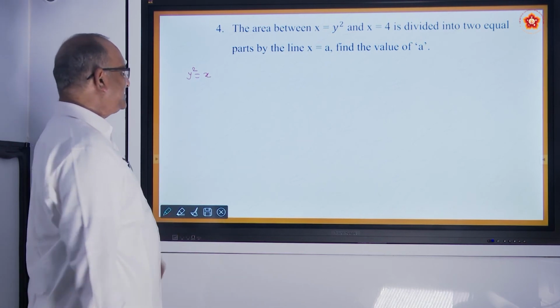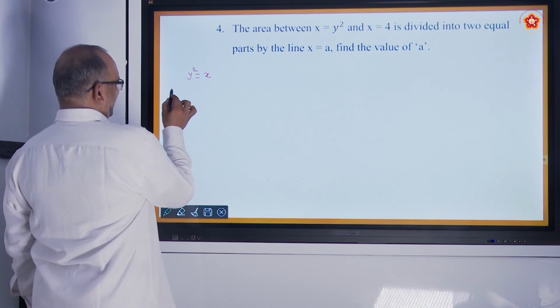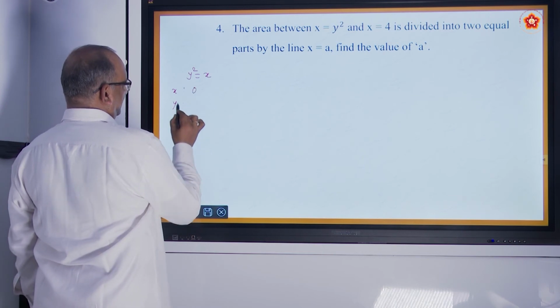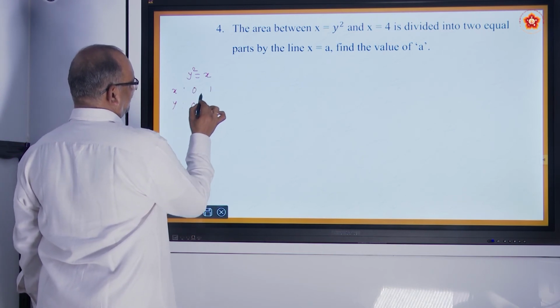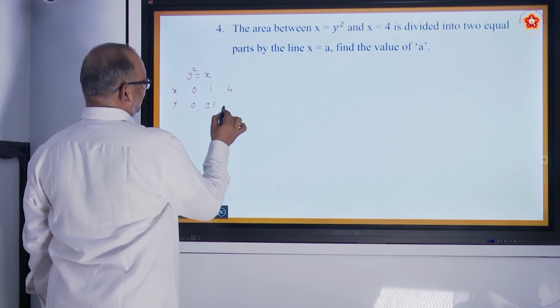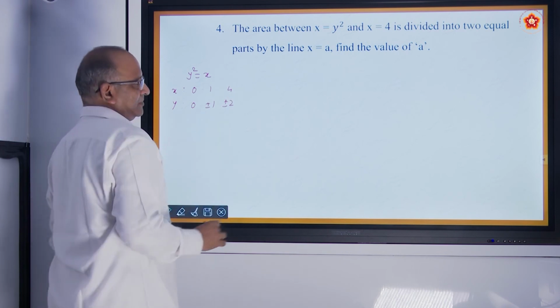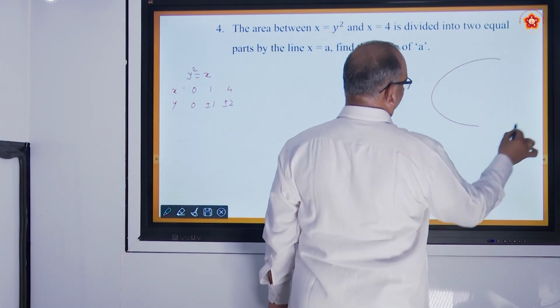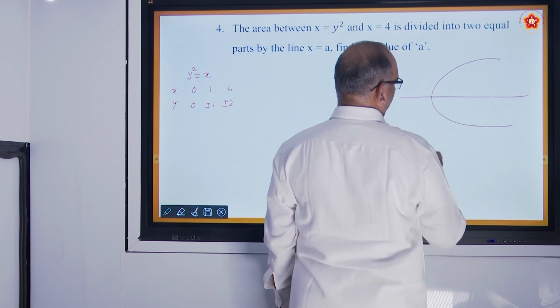So how do you draw this? The same procedure. Take x and y. X is 0, y is 0. X is 1, y is plus or minus 1. X is 4, y is plus or minus 2. We have already done this kind of problem. Let us say this is the parabola.